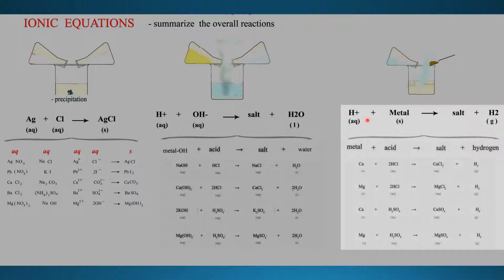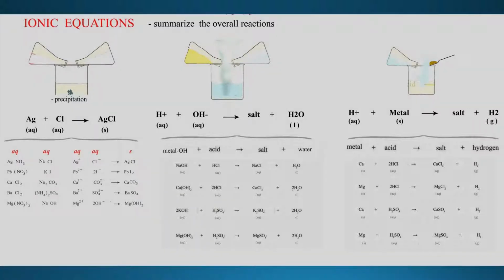The aqueous becomes a gas and salt. So now I can simplify the rule to say, okay, no matter what reaction, acid with metal will form a similar chemical reaction, salt and hydrogen gas. So now you've done 3 parts of chemical reactions.